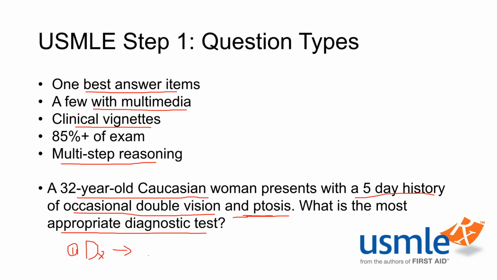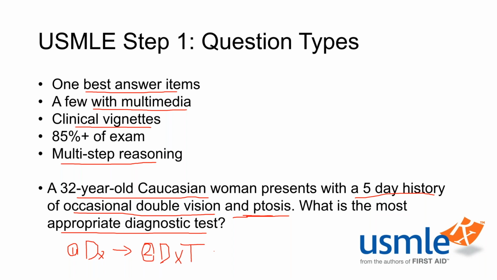You can argue for other conditions like multiple sclerosis, but the finding tends to be unilateral, and there's a greater likelihood that you'll see a presentation with a young African American woman. So in order to figure out what the most appropriate diagnostic test is, you've got to get to the diagnosis, and then you can actually think about the diagnostic test. So that's how you break down this question.